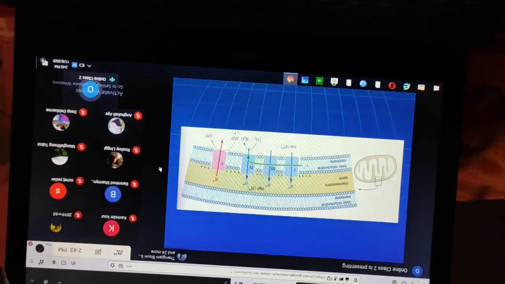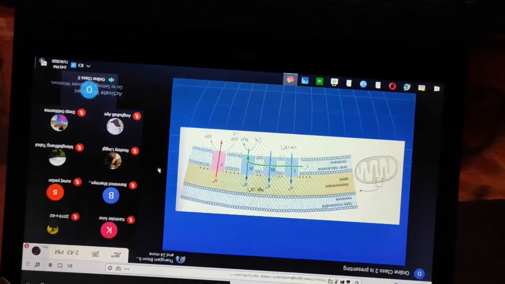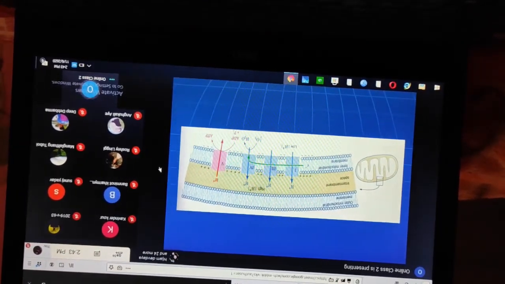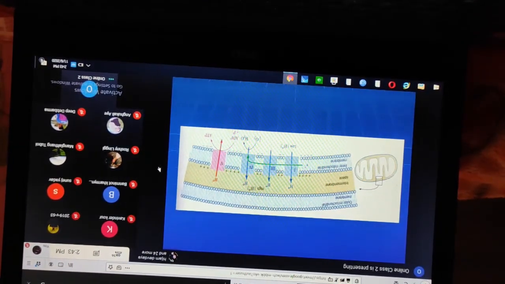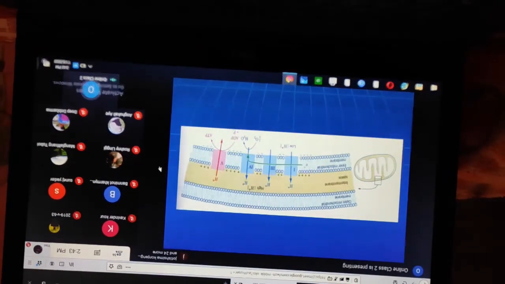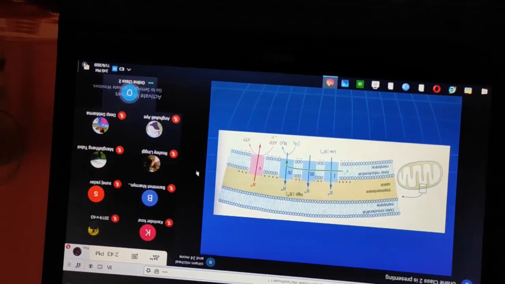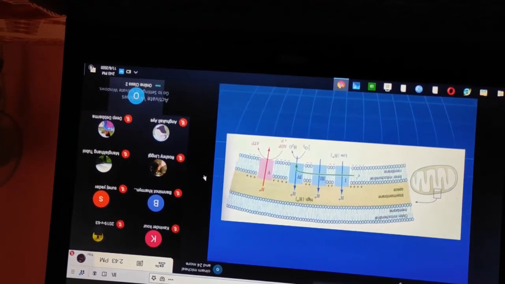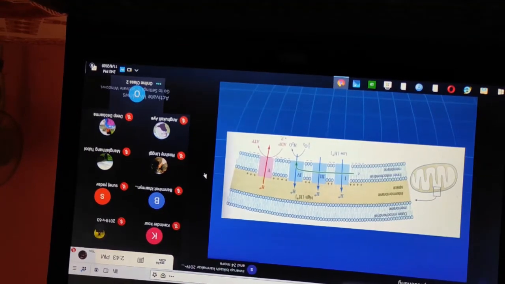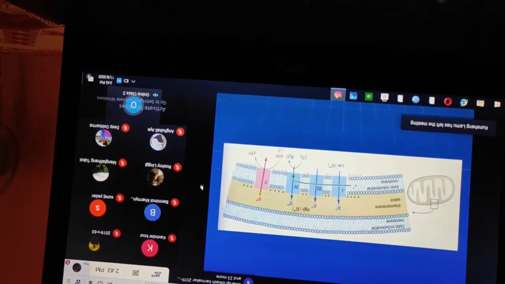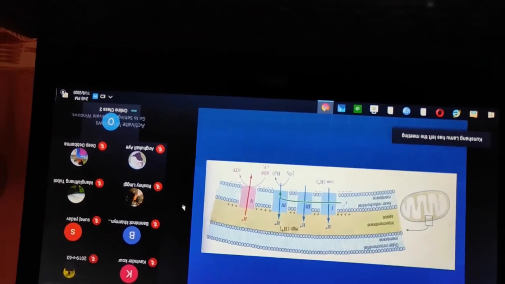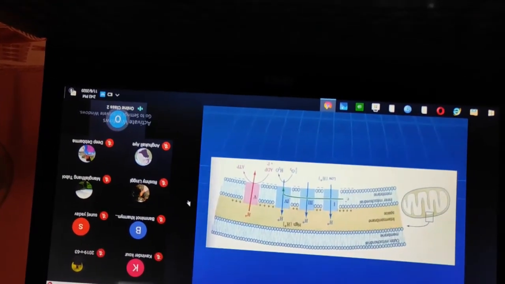During this process, when the electrons move through these complexes, they pump out protons from the matrix to the intermembrane space. Because of this, the concentration of protons in the intermembrane space will be high, and here it will be low. So there is a difference in the potential of the proton, and an electrochemical gradient is generated.